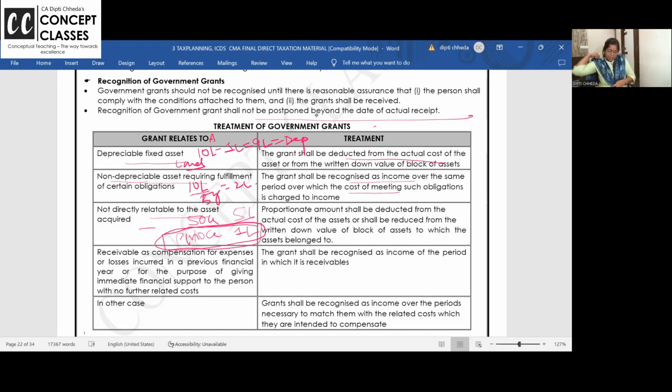Now, third one. Suppose I have started a project in the backward area for 50 crore rupees. In that, 5 lakh is the GG, government grant. Now, plant and machinery I have purchased for 10 crore. Okay, grant is for the whole project, no?